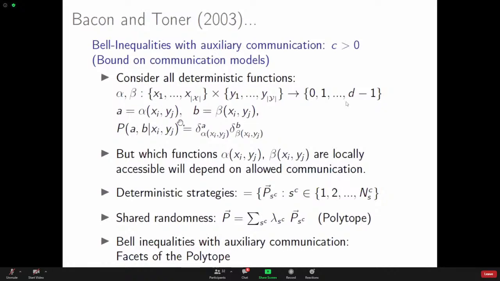When there was no communication, that is, when we derive the standard Bell inequalities, we cannot have this kind of dependence. The outcome of Alice will only depend on the measurement of Alice and shared randomness. But when one tries to derive Bell inequalities with auxiliary communication, one has to also deal with this kind of dependency.